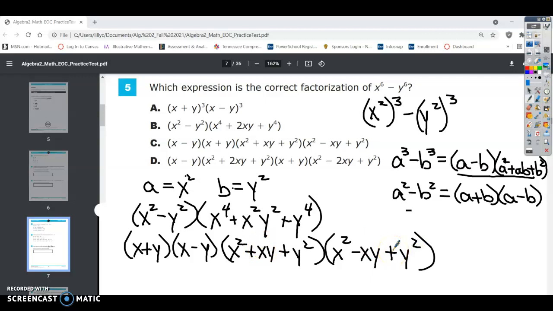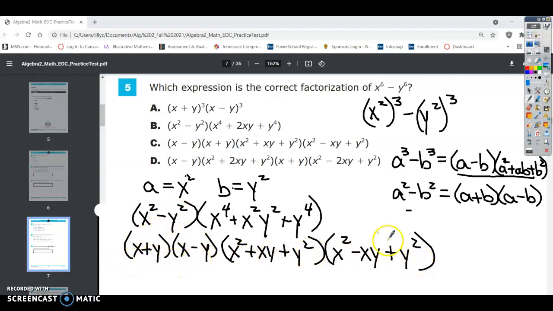All right, so I want to check this to make sure it works. It looks like C is going to be the correct answer, but I always want to check to make sure what I have equals what I started with. So here you can say x times x is x squared, x times y is minus xy, plus xy cancels in the middle, y times y squared is negative y squared. So this part checks out.